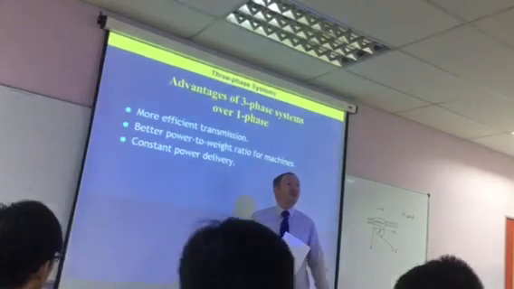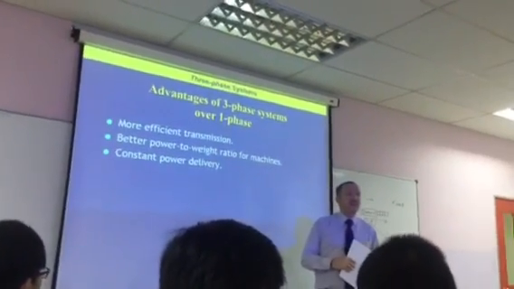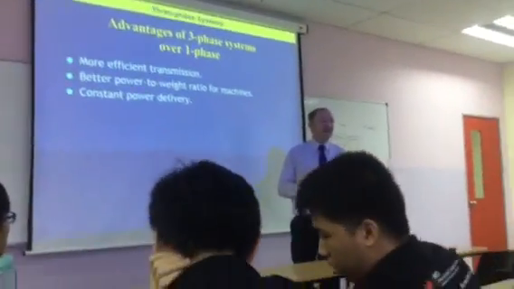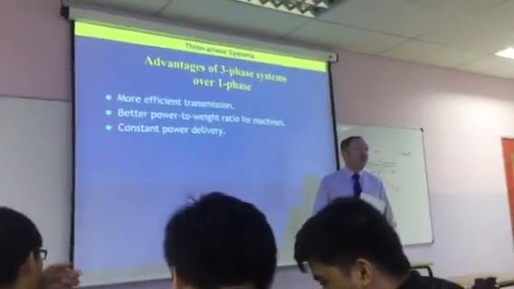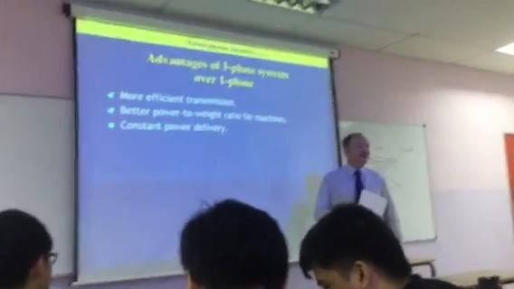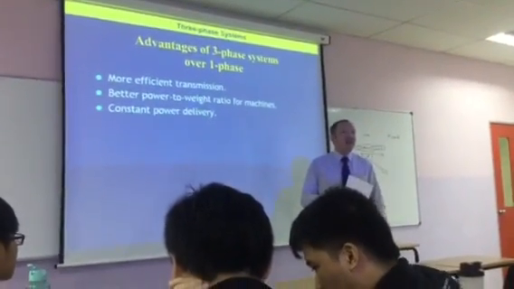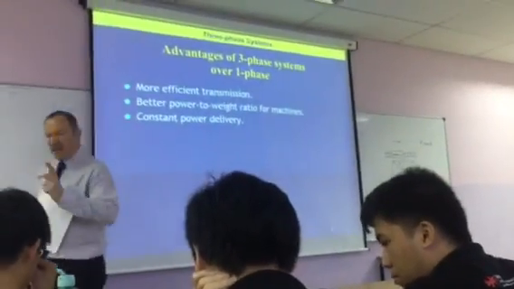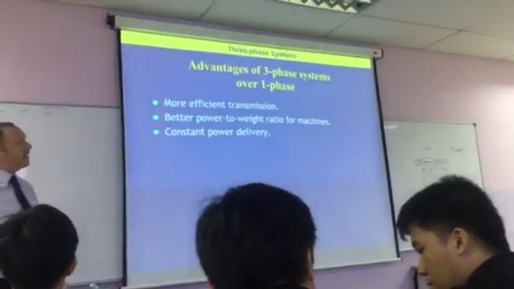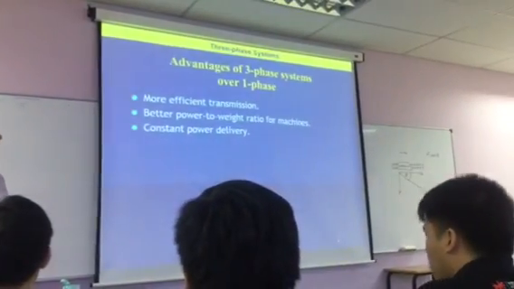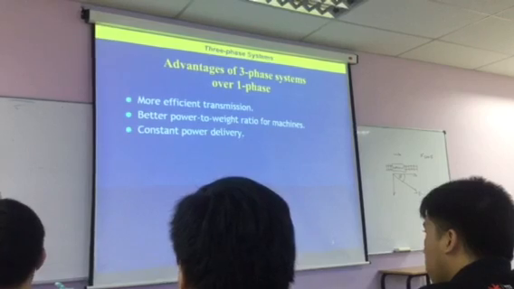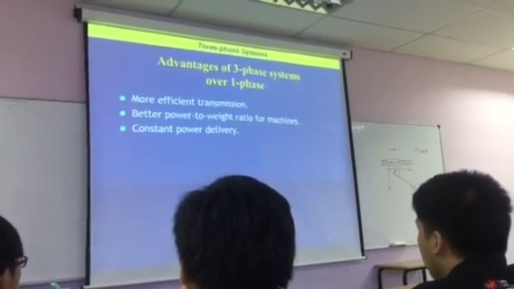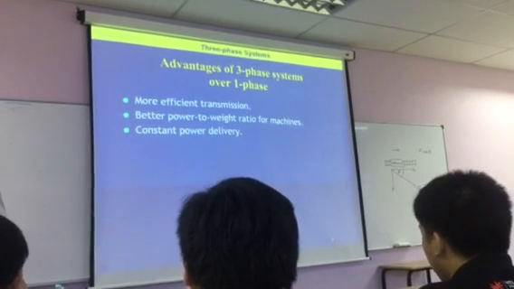Now, again, history. Does anybody know who invented three-phase? Nikola Tesla. Yes. That's why Tesla is used as an SI unit, out of respect to him. There were a couple of other people who are said to have invented it at about the same time, but Nikola Tesla is recognised as the person who invented the three-phase.